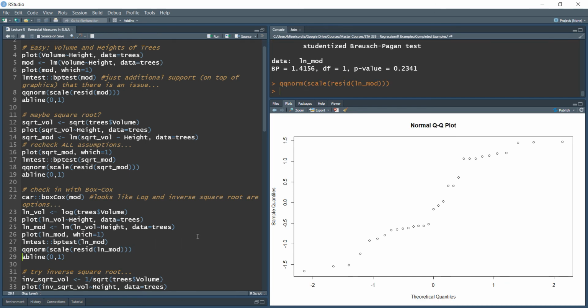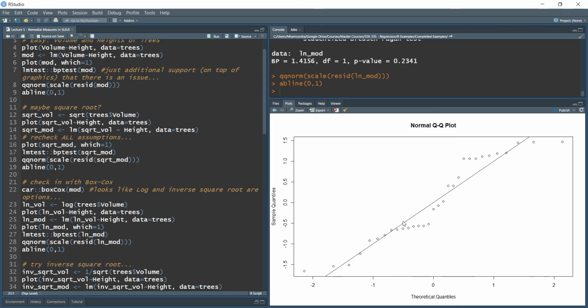We'll follow up with a look at normality, and in this case we again see this little lazy S shape peeking out, so normality might be an issue. We fixed homogeneity of variance using this transformation, but the normality looks a little bit worse.